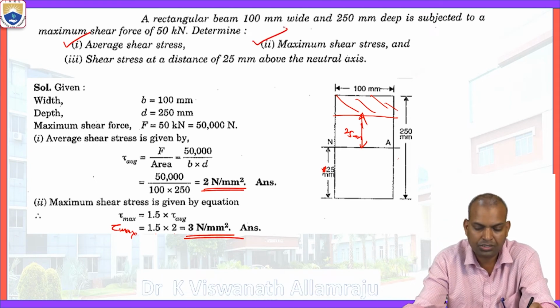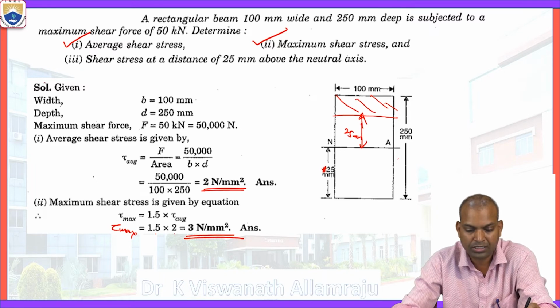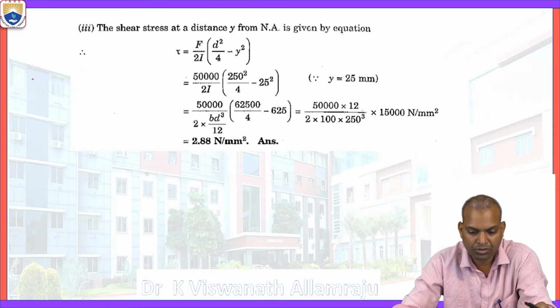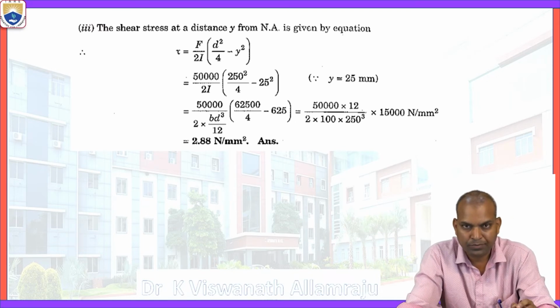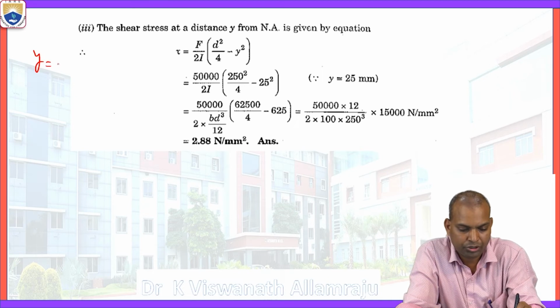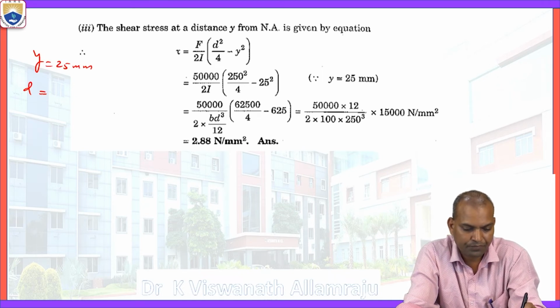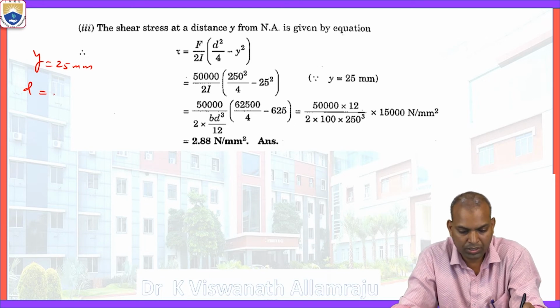And finally, the third objective is the shear stress at a distance of 25 millimeters above the neutral axis. Now, the generic formula we have to use: y equal to 25 millimeters, where d equal to depth. What is d equal to? 250 millimeters.